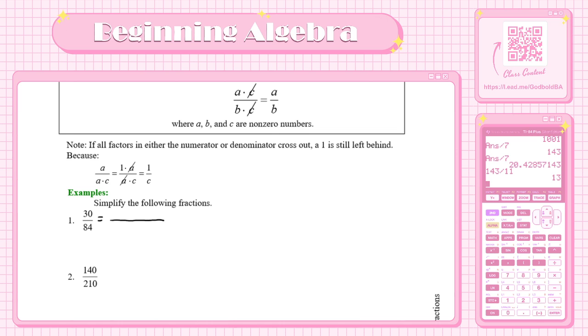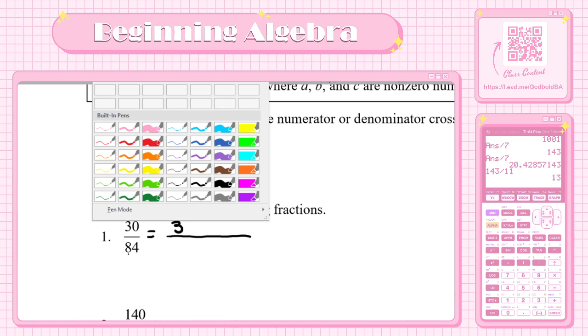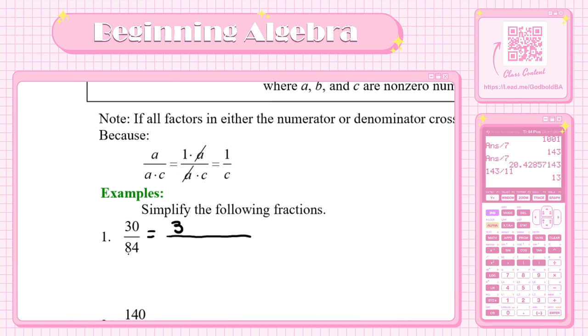Let me zoom in a little bit too, because I can't write this small. This pen is fatter than I want it to be, but I don't know where my skinnier pen is. I only have a skinnier one of the red one for some reason. Okay, so 30 is 3 times 10, right? Gosh, please tell me there's a skinnier black one somewhere. Okay, I think I found it.